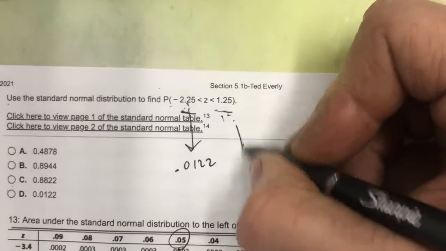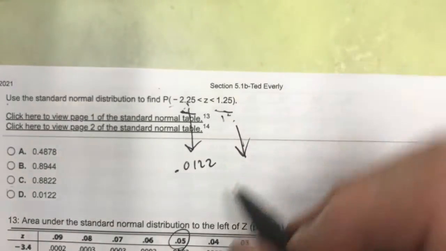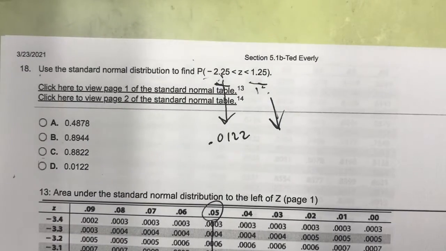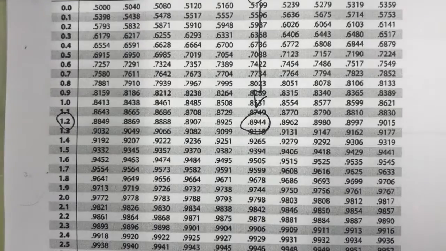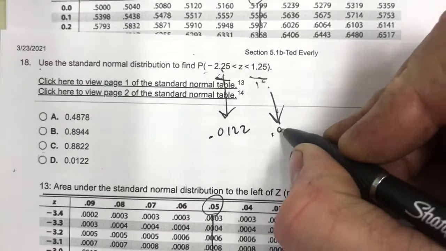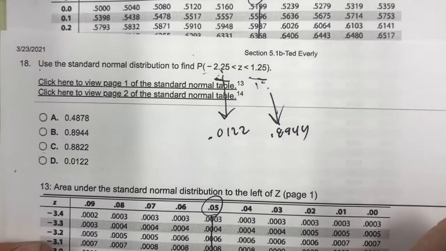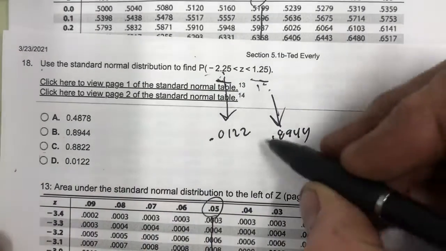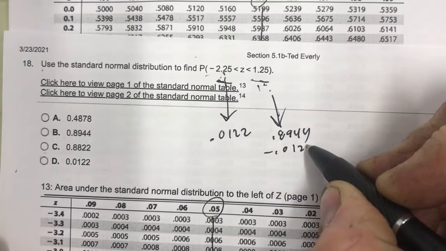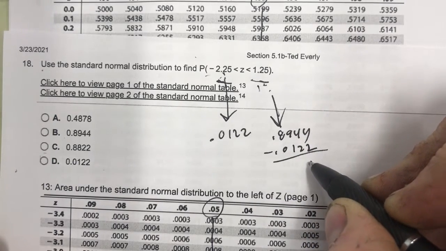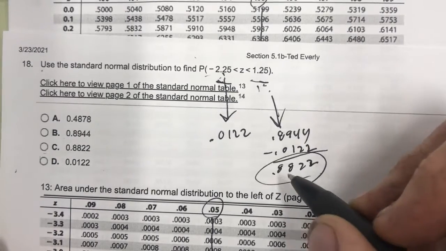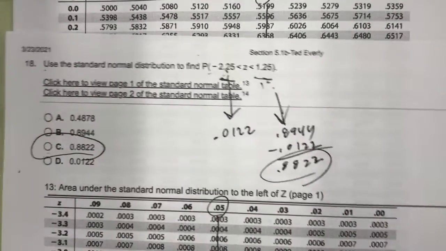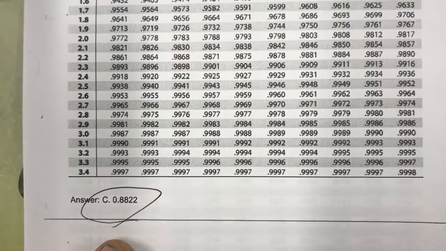Now look up 1.25, that's on the positive side. 1.2 and .05 is right there, 0.8944. I subtract them because it's between these two, so 0.8944 minus 0.0122 is 0.8822, which looks like C. And that's right, there's my answer.